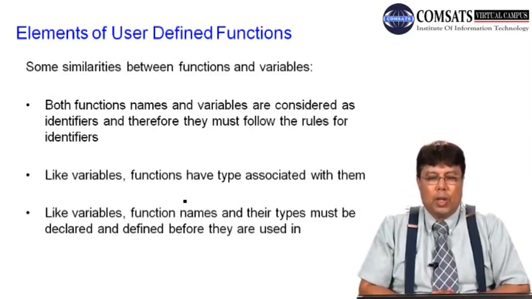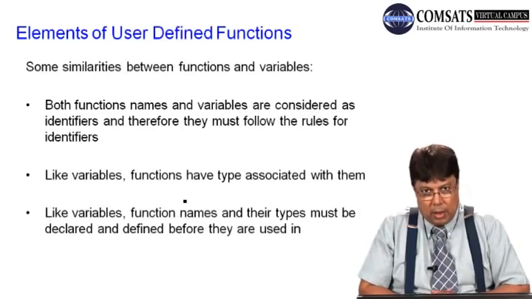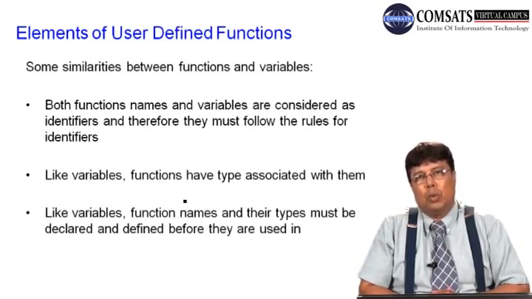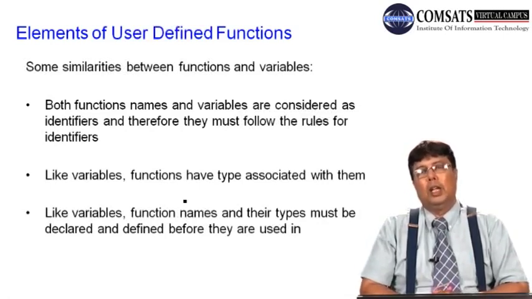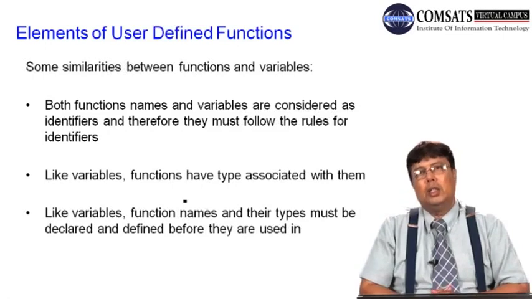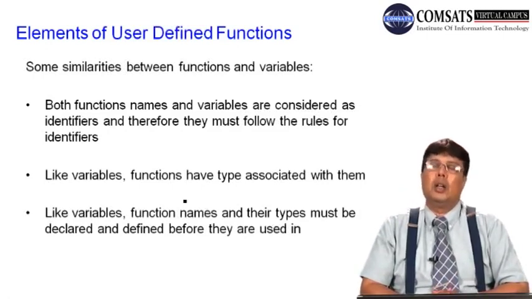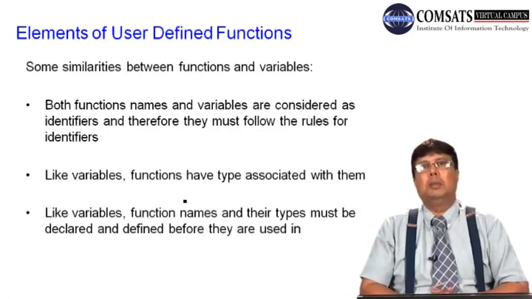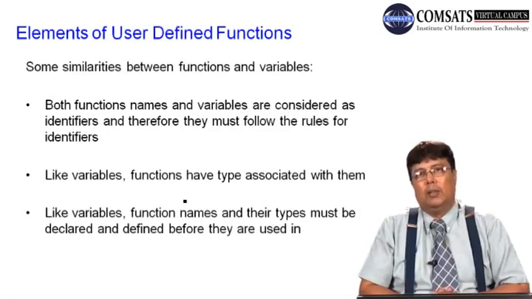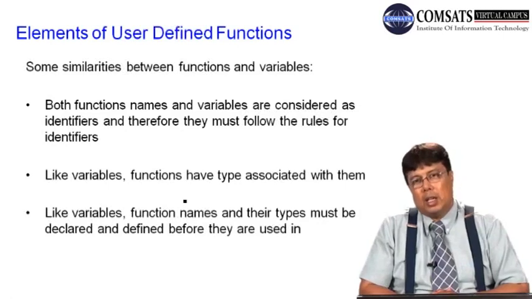Okay, so both function names and variable names are considered as identifiers and therefore they must follow the rules of identifiers. And I'm sure by this time you know the rules of the identifier. They should not start with a digit, they should not have any special character, they should not contain space, the maximum length of the variable name is 31 characters.